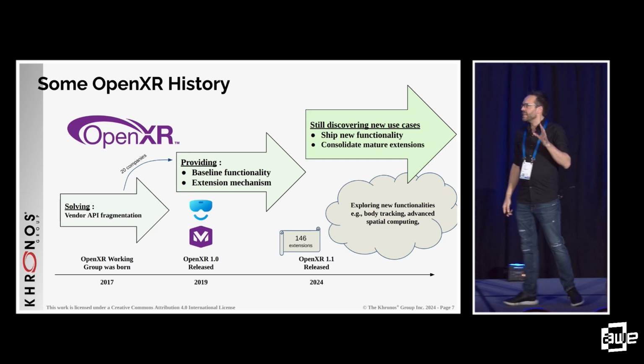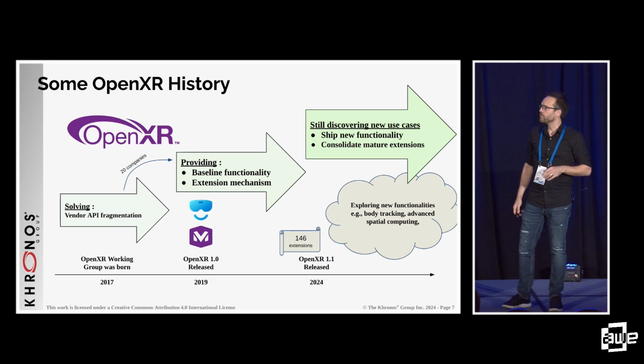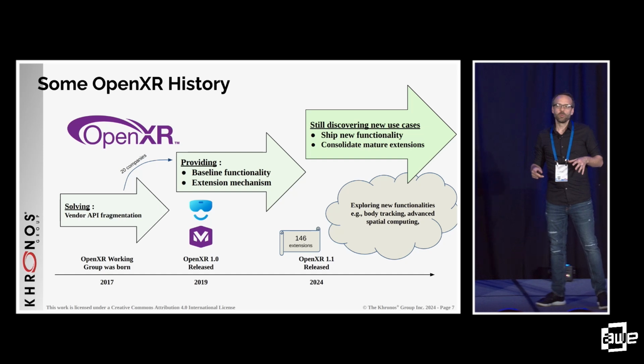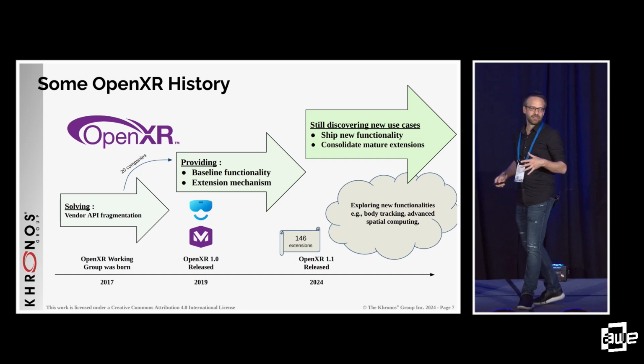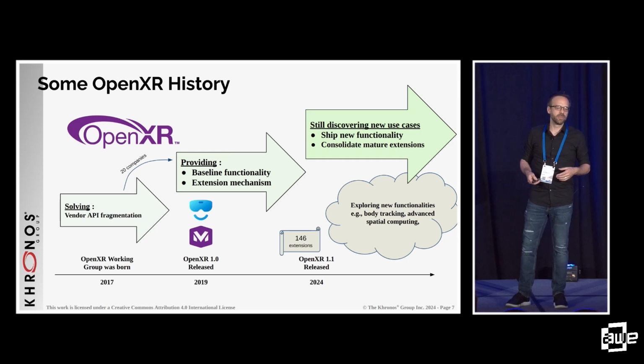If you don't mind, let's just take a quick trip down memory lane just to remember what happened. So about OpenXR. The OpenXR Working Group was born in 2017 with a very tough mission: to end the chaos of vendor API fragmentation.